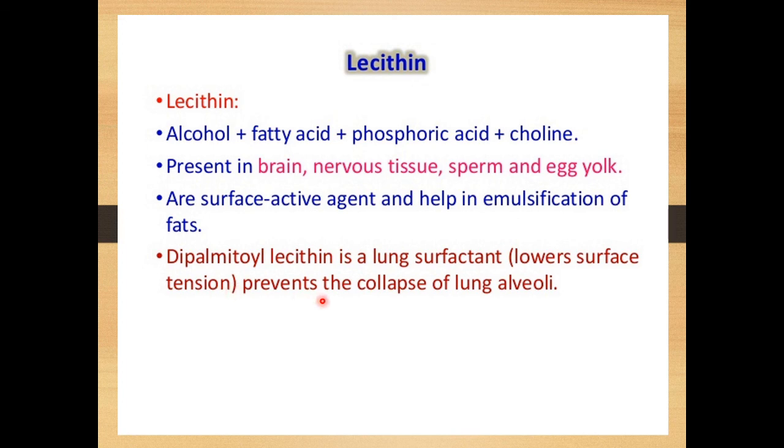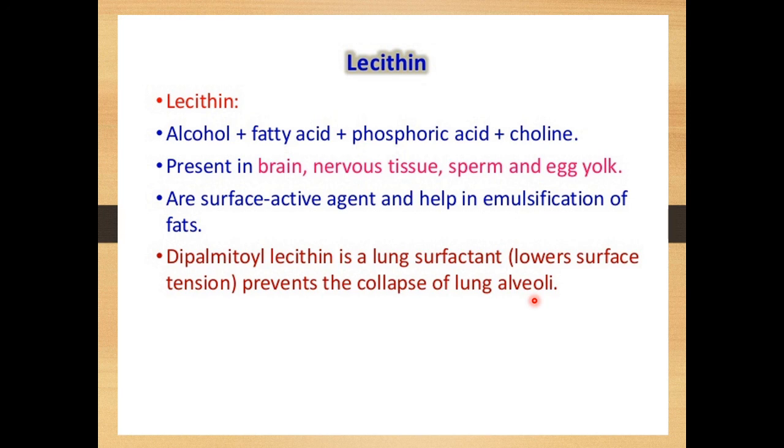Now there is an important lecithin, dipalmitoyl lecithin, a lung surfactant which helps to lower the surface tension, which is essential to prevent the collapse of lung alveoli. The alveoli is just like a small balloon-like structure or bunch of grapes. So it needs to be expanded for the effective function of respiration. If it collapses, the air cannot enter.